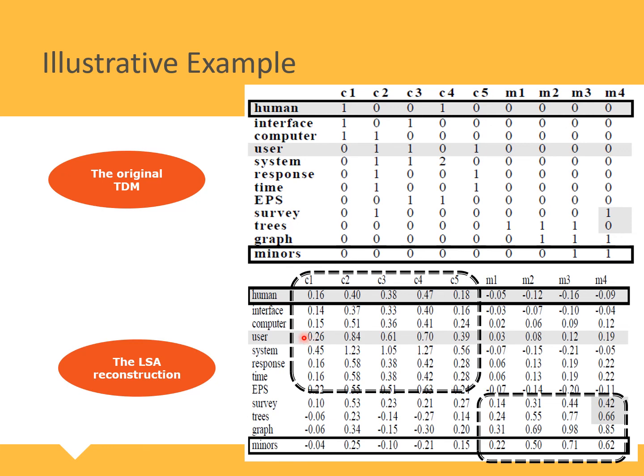So once again, the algorithm identifies that the word user, even though it is not present in the documents C1 and C4, is generally contextually related to the domain human computer interaction, and C1 and C4 are actually documents from that domain, hence there should be some positive weight.